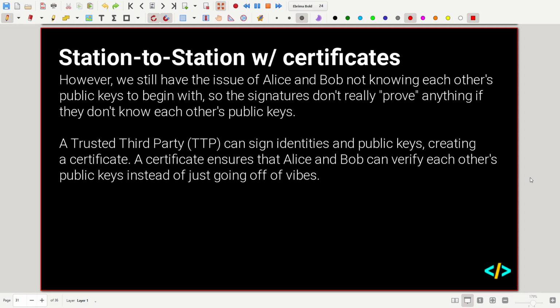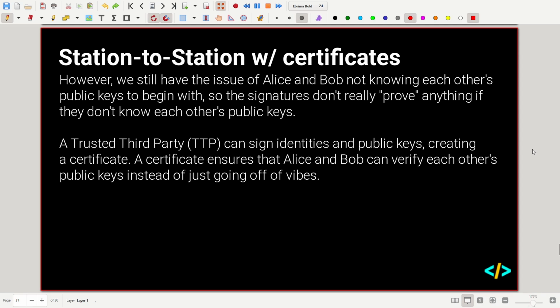Now, the trusted third party can sign identities and public keys, and this creates a certificate. This certificate ensures that Alice and Bob can verify each other's public keys instead of just going off of vibes, basically. They have a way of saying, okay, I know I'm talking to Alice, or I know I'm talking to Bob. Does that make sense? Are there any questions about how certificates work?